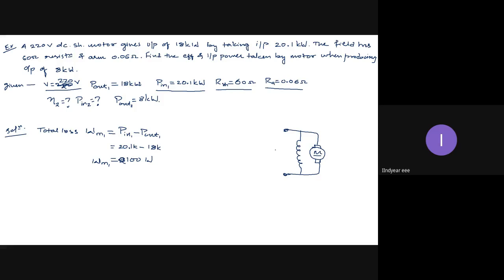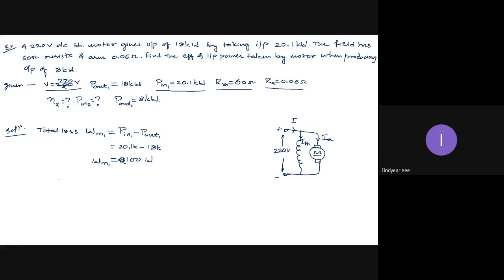So input is 220 volts. So ISH, IA, this is I.